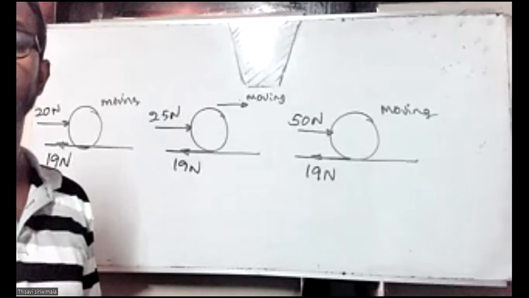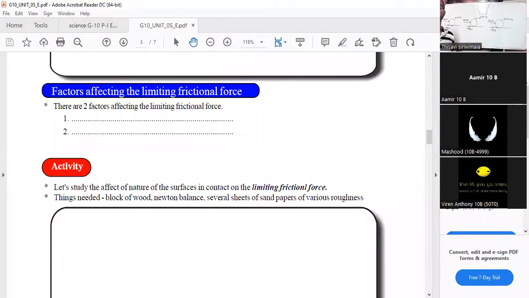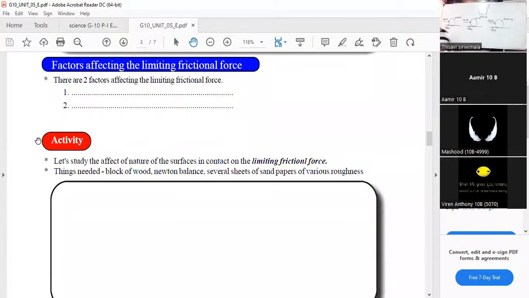Now we go back to the tube. Factors affecting the limiting frictional force. Now, there are two factors affecting the limiting frictional force. In your book, it is not very clearly mentioned, but here we are going to write it because it is very important. The first factor: nature of the surfaces in contact.